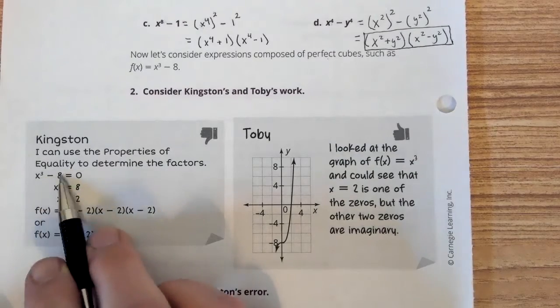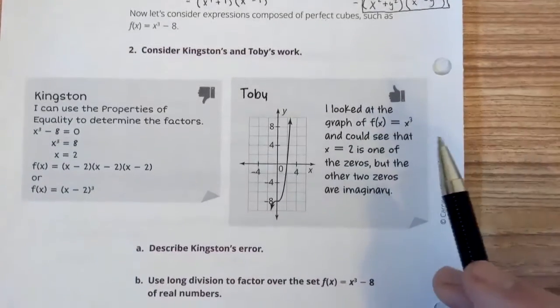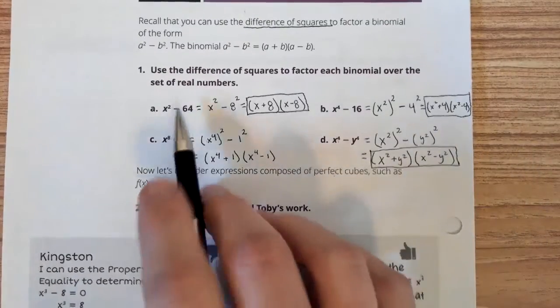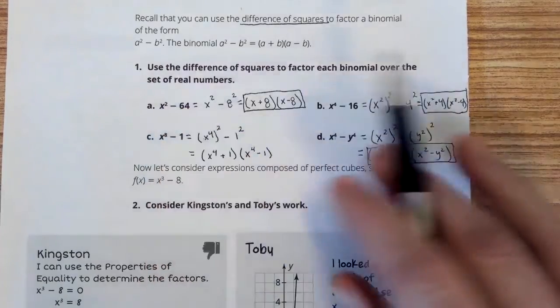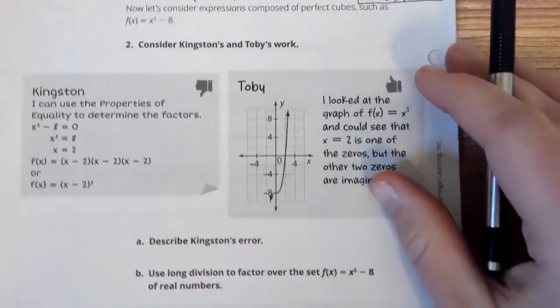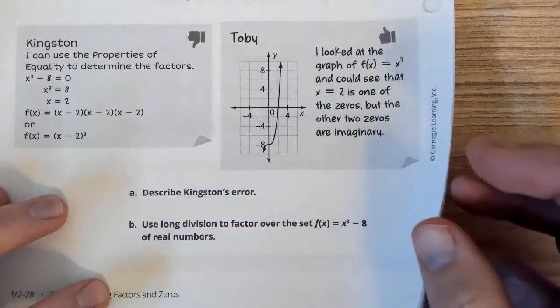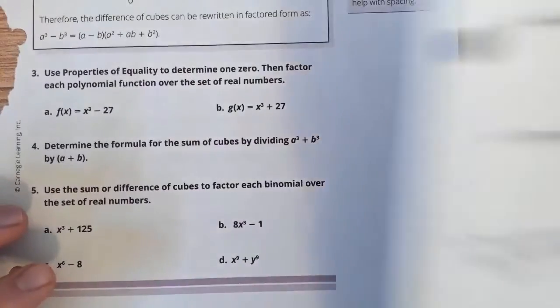So there's a lot more involved here, and this is not going to work for you. It's a little bit of a process. Essentially, we're going to try to factor things that look like this, but instead of x squared, it's going to say x cubed. So we'll have another formula. It's just a little bit harder, and we'll look at long division during the next class period. So we're going to skip question 2 for now.